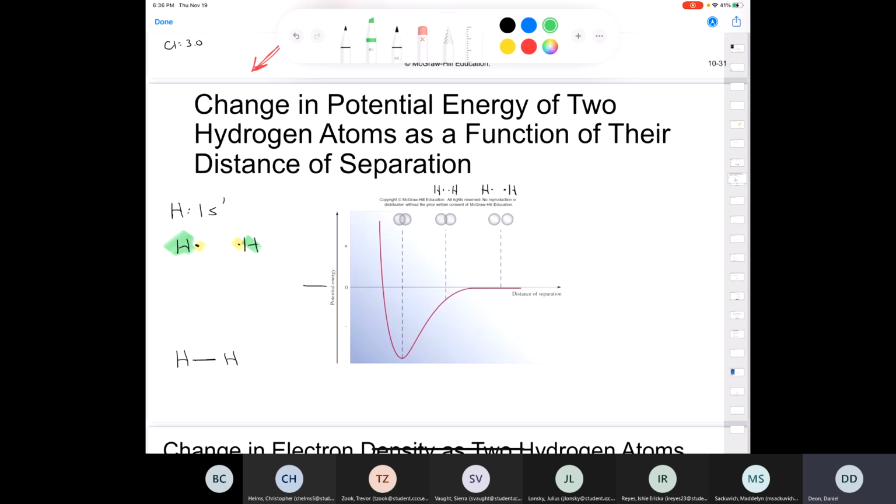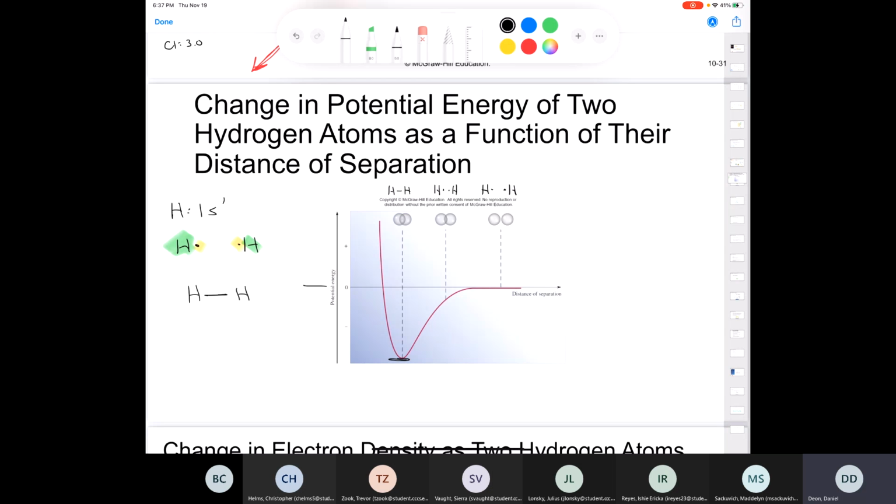And what's going to happen is that those two atoms are going to get to a certain distance from each other where attractive forces are going to be maximized and the repulsive forces of the two electrons and the two nuclei are going to be minimized. So again, what did I say? Once we get to here, we find a well in terms of the potential energy.